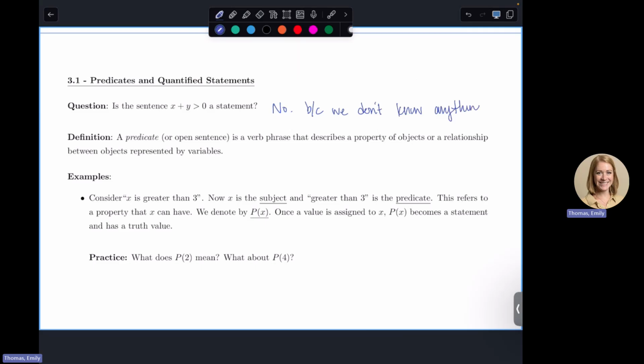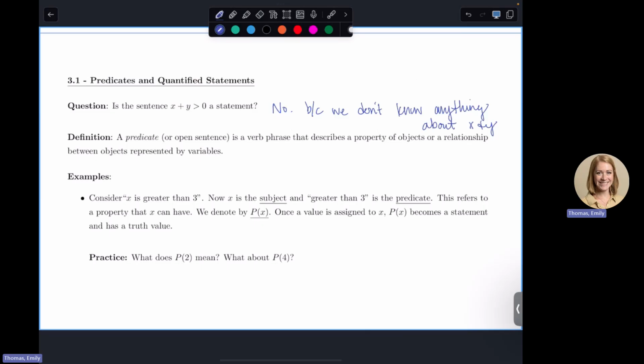That says that because we don't know anything about x and y, the sentence can't be true or false. That thing is not a statement, so don't call it one.